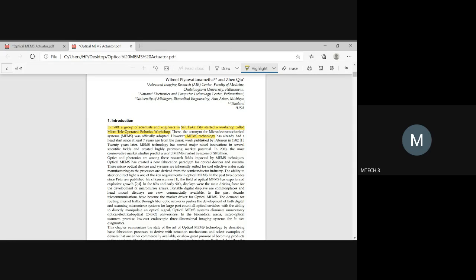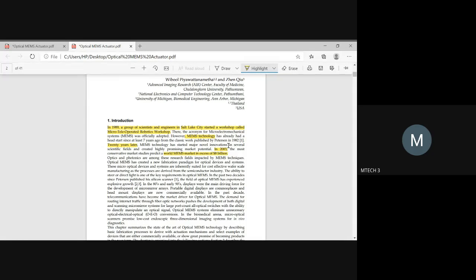After this workshop, 20 years later, MEMS technology spread into many potential areas. In 2003, as a breakthrough, most of the market studies looked at the MEMS market, and they found that $8 billion was the growth related to the MEMS market in 2003.